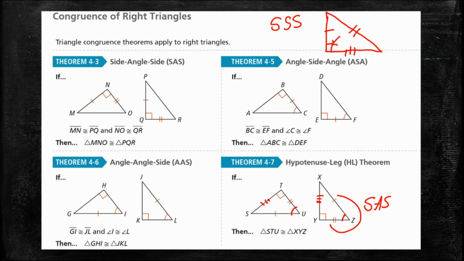So we automatically think, is it possibly a hypotenuse leg? If it fails those three questions at any stage, then we need to look at side, angle, side, or angle, side, angle. And if it's none of those, then we can say cannot be determined. But if it is one of them, then we can say yes by whichever one.